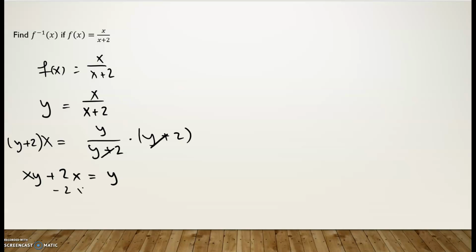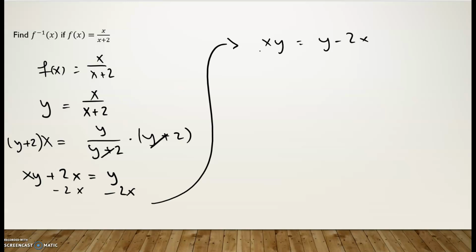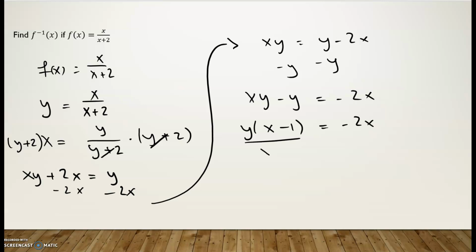Then I'm going to move 2x over, so we have y is equal to y minus 2x. Let's move y over to the other side. Now I'm going to factor out a y. Now I'm going to divide by x minus 1. So y is equal to negative 2x over x minus 1, and that will be your answer.